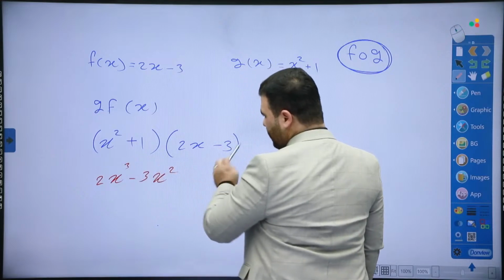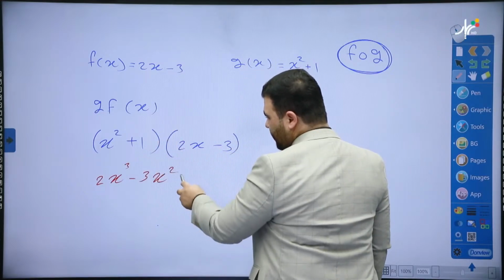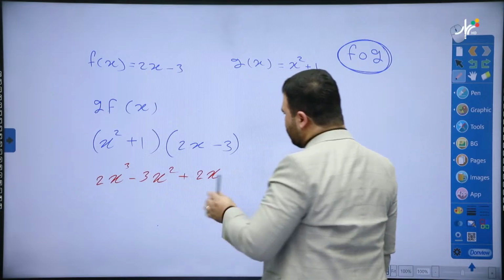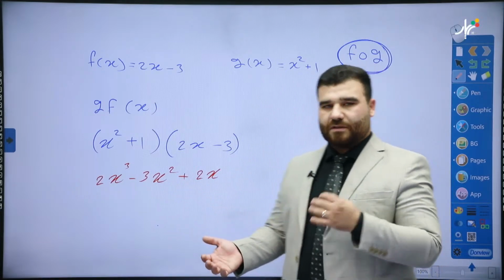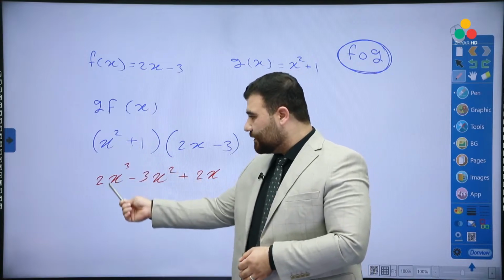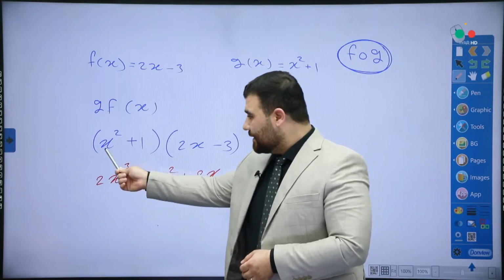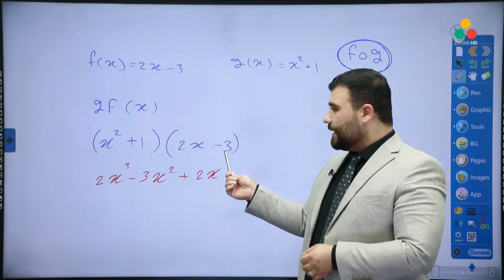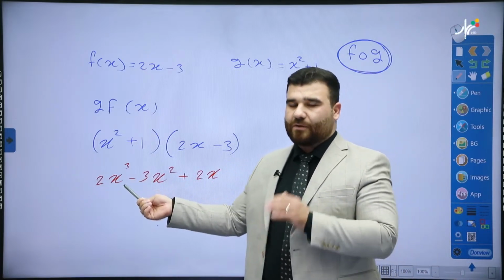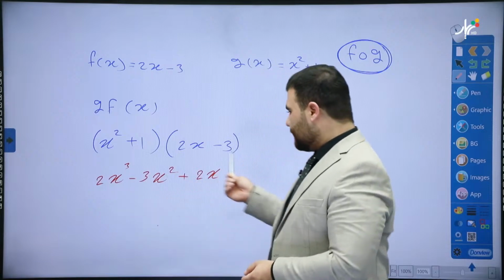Now x squared is complete. Then 1 times 2x is 2x. This minus and plus is not random. It's because of the result. Here, x squared times 2x, they are both positive, so the result is also positive. x squared times negative 3 makes the result negative 3x squared. This is why I write minus here. I don't write plus or minus randomly.